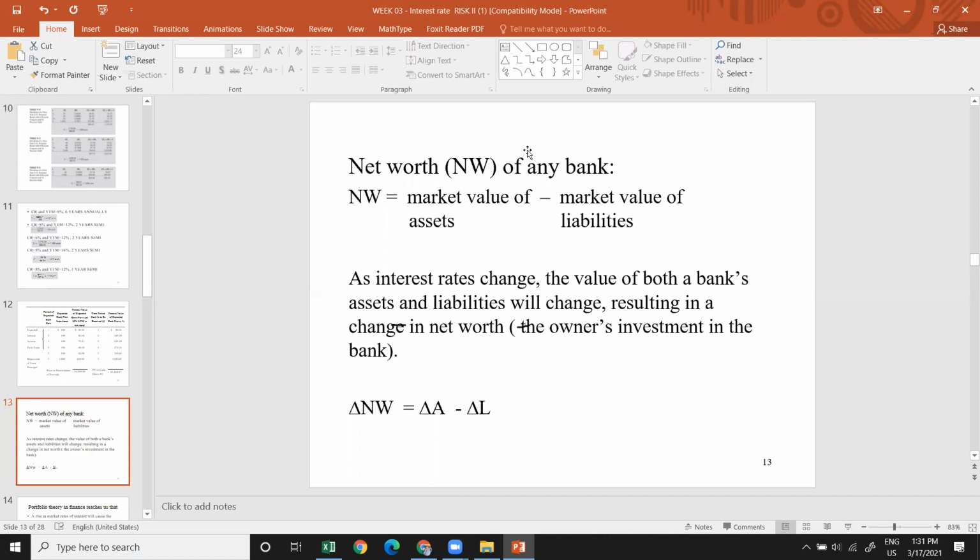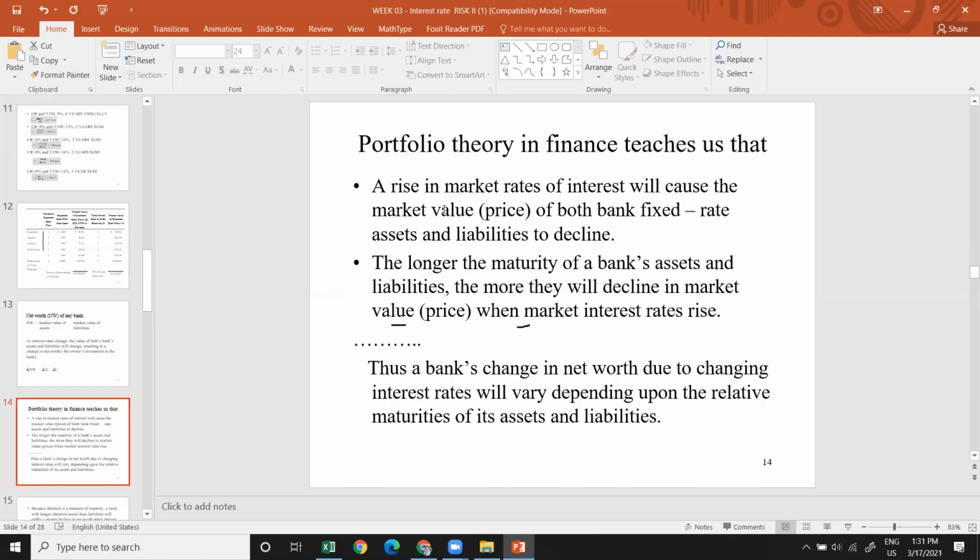So as interest rate changes, the value of both the bank's assets and liabilities will change. That will result in a change in the net worth, in the owner's investment. So change in the net worth is equal to change in assets minus change in liabilities. So the rise in the market rates of interest will cause the market value of both bank fixed-rate assets and liabilities to decline, because there's an inverse relationship between the interest rate and the bond value.